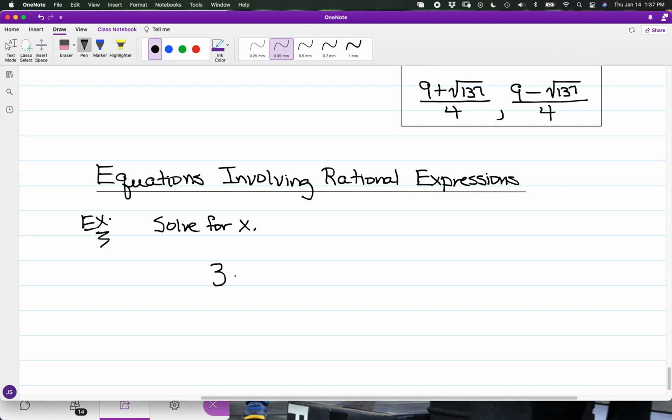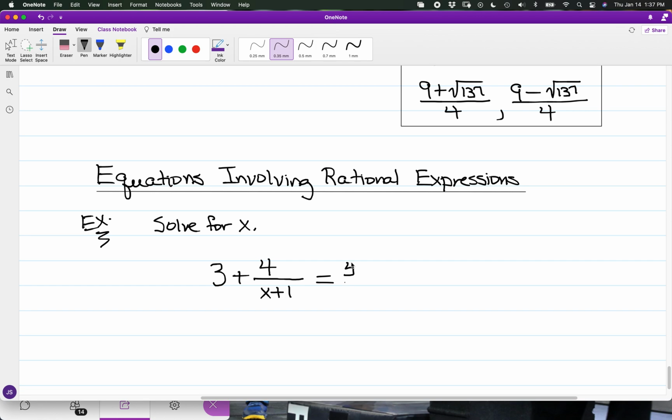Let's say we have 3 plus 4 over x plus 1 is equal to, let me do it this way, I'll just take something.